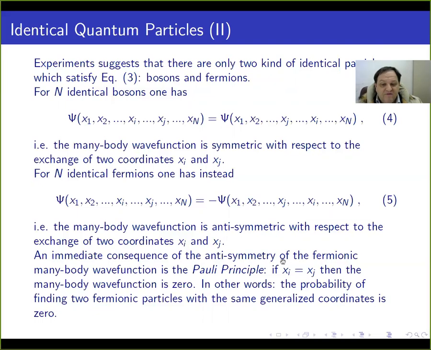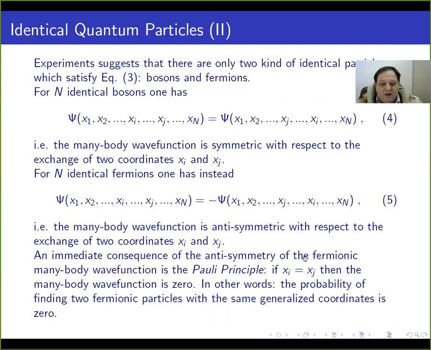In fact, if xi and xj are equal, then from equation 5, one immediately finds that the object on the left must be equal to minus the same object that is on the left, and this means that it is 0.